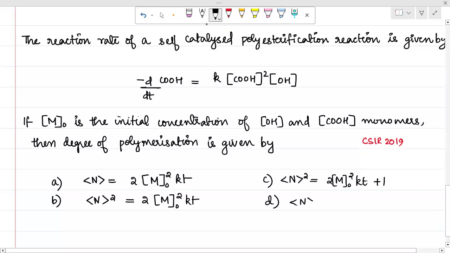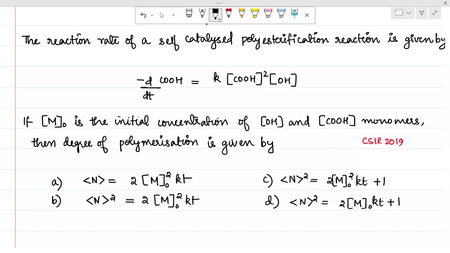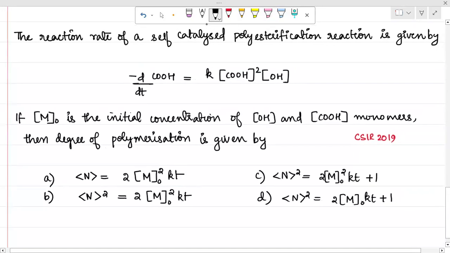D, degree of polymerization square is equal to 2 m naught Kt plus 1. Very beautiful question related to chemical kinetics again. Pause the video and try.